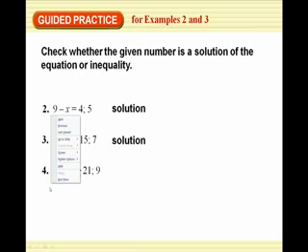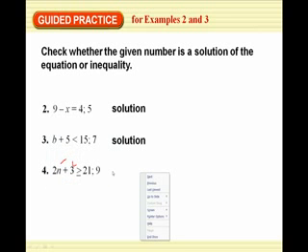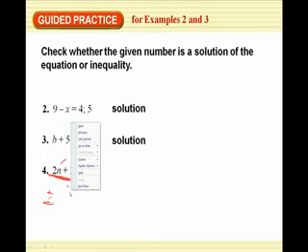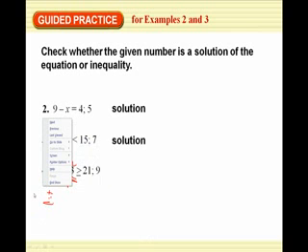So 2 times 9 is 18, plus 3. This comes out to be 21, and 21 is greater than or equal to 21, and we say yes, it is equal to it, so it is a solution.